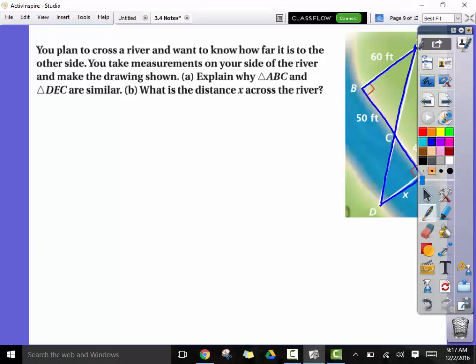So first, explain why ABC and DEC are similar. Remember we said they have two congruent angles because of the vertical angles.